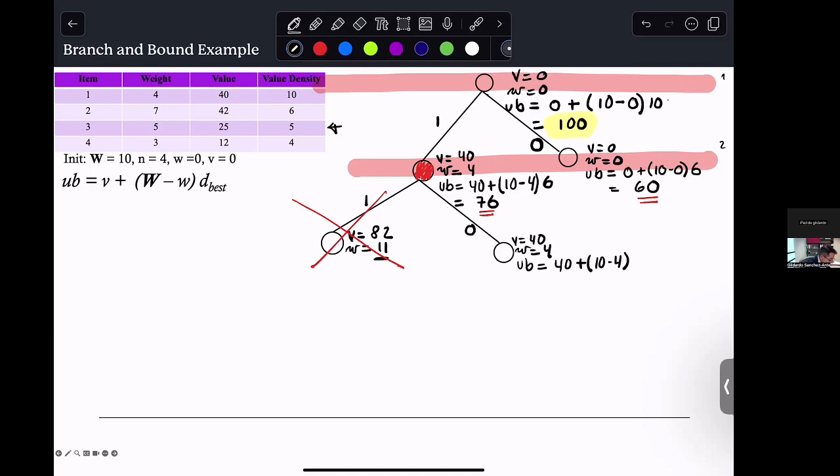So the best is going to be 5, meaning that we have here 6 times 5 is 30, and plus 40 is going to be 70. Okay. And so apparently from whatever branches we can explore, 70 is the highest. So I will choose that one.